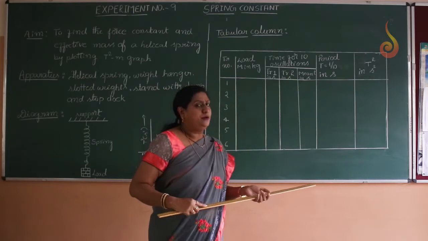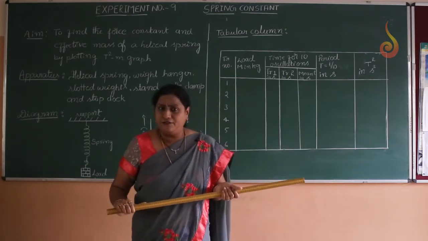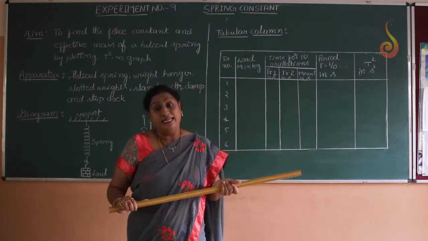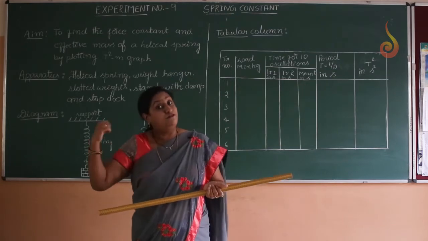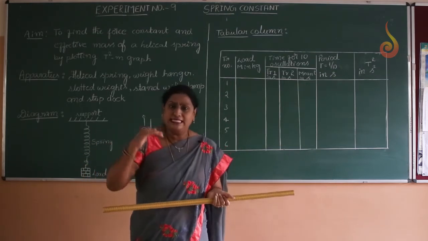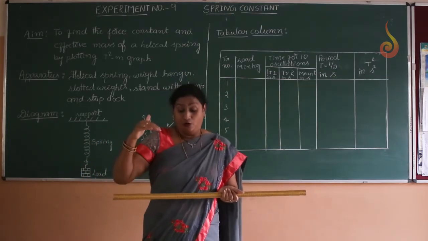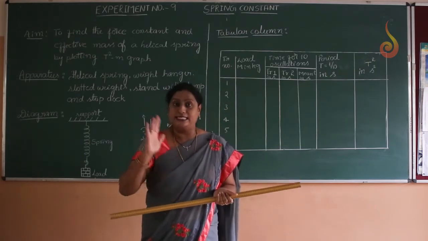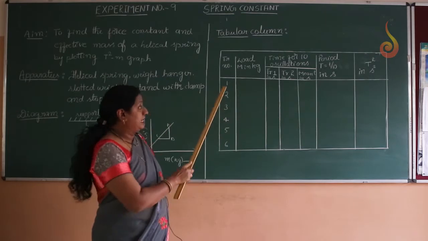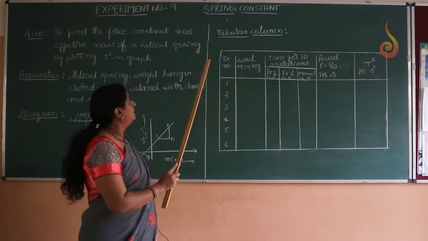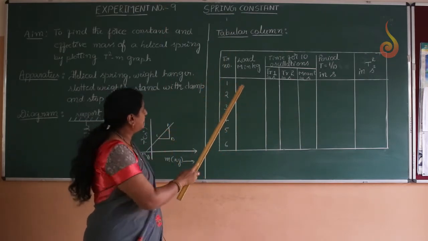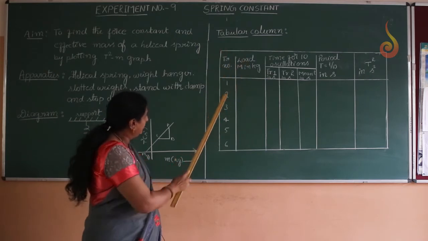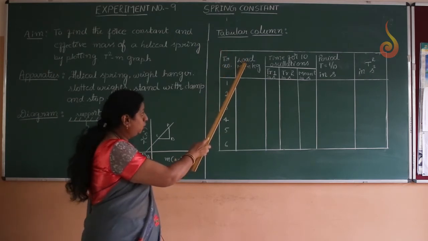Okay, oscillation method means you have already watched the video on simple pendulum. Yes, I am talking about the oscillations that we performed in simple pendulum. Similar kind of oscillations we are going to do here and take the readings in a similar way and then tabulate the results. See, this tabular column says first is trial number, next we have load.